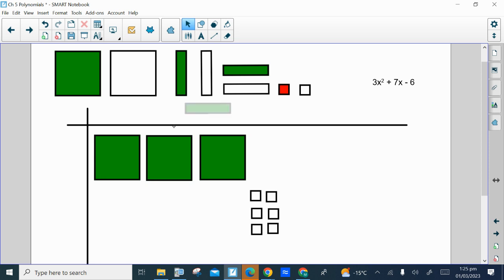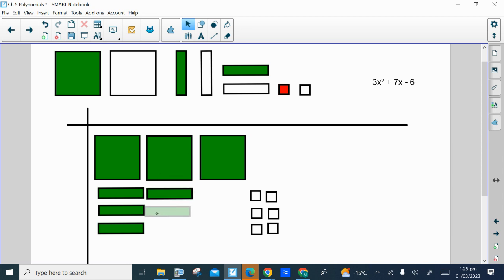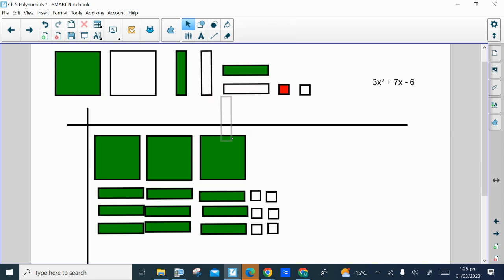So if I put 9 positive x tiles down below, and 2 negative x tiles above, 9x take away 2x gives me my 7x in the middle.